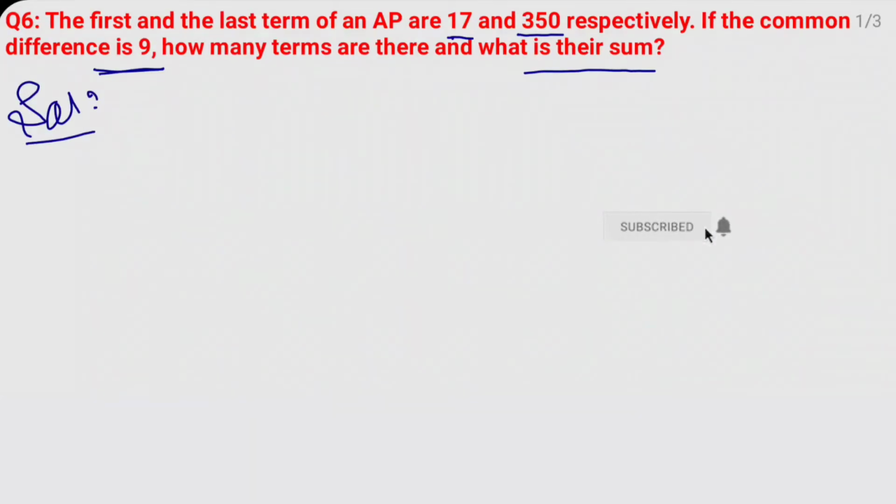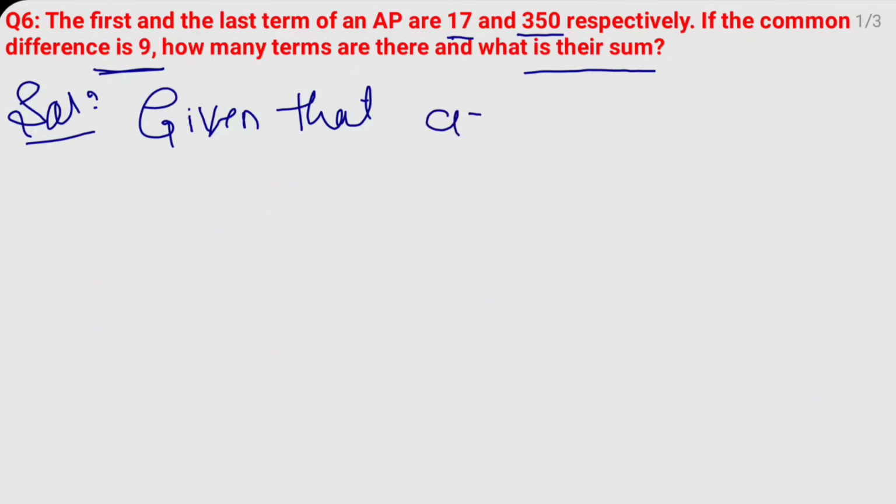So let me solve here. Solution: given that the first term a is 17 and the last term L is 350, and also they gave the common difference, that is 9, and here we want to find n.